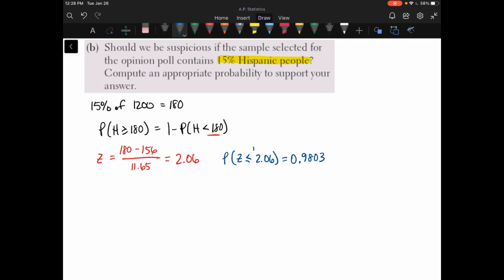This now goes in place of that. So we'll now do our calculation here. The probability of H being greater than or equal to 180 equals 1 minus the probability of H being less than 180, or 0.9803, which equals 0.0197, or just about 2%.